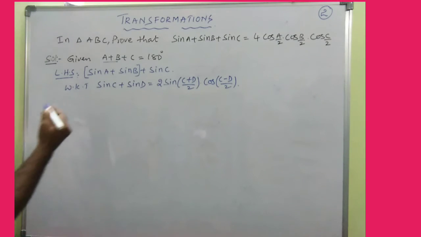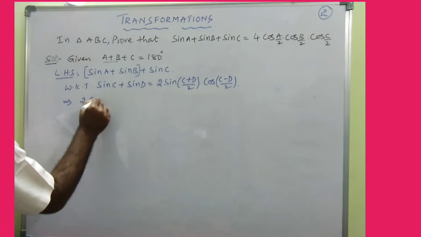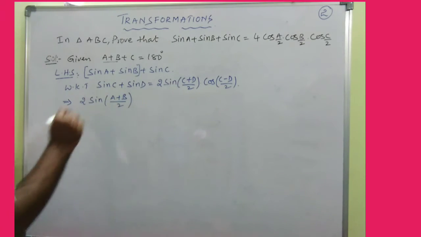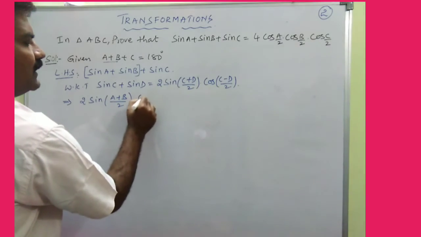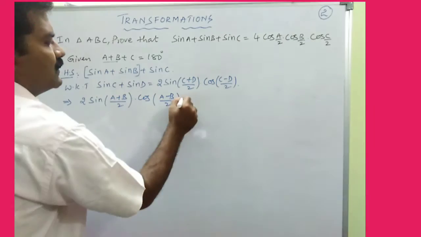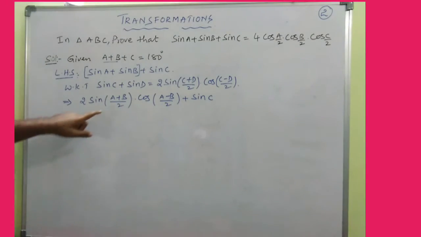So according to this formula, I can write this as 2 into sin of (A plus B)/2 into cos of (A minus B)/2 plus sin C. Please take care here, we get half of the angles, don't worry.